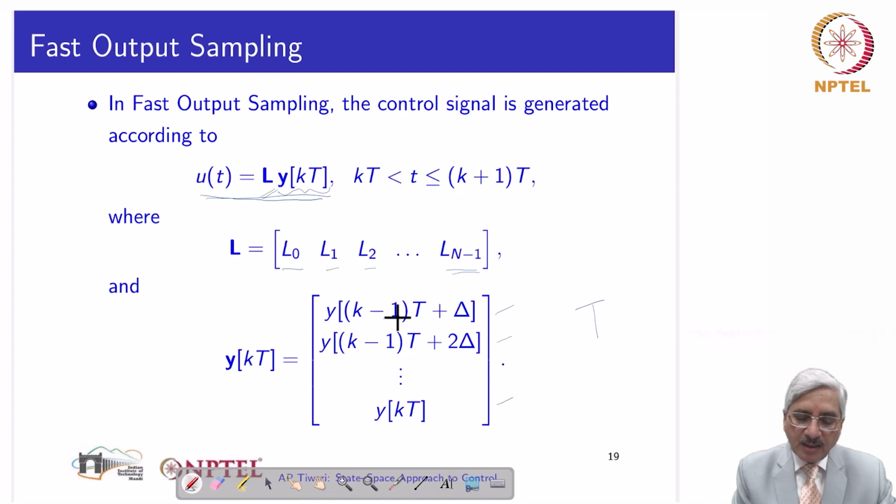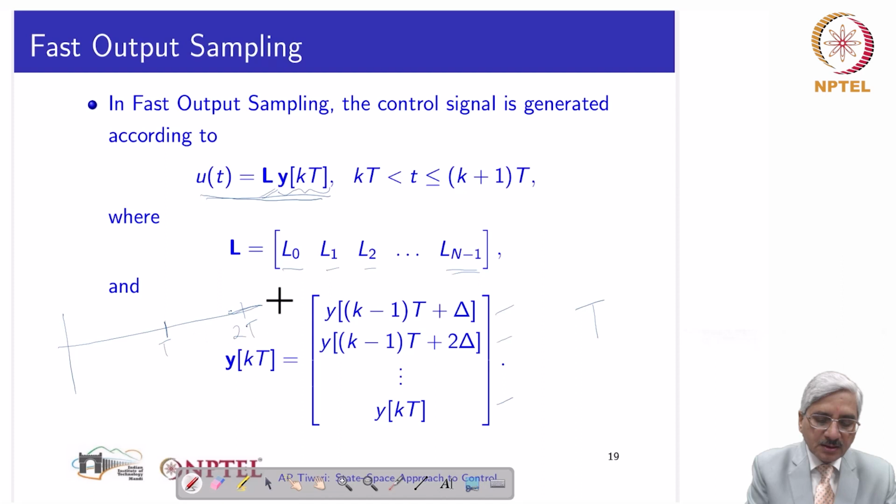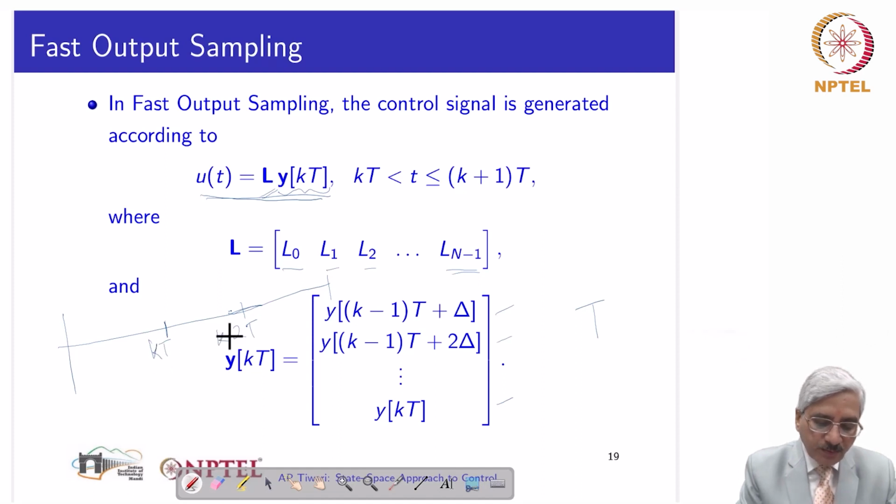So this is y(k minus 1)T plus delta, the output at (k minus 1)T plus 2 delta, and so on. This is the sampling rate T for the input, and in that we consider kT and (k plus 1)T, these two instants.